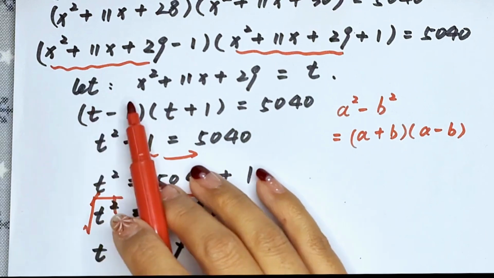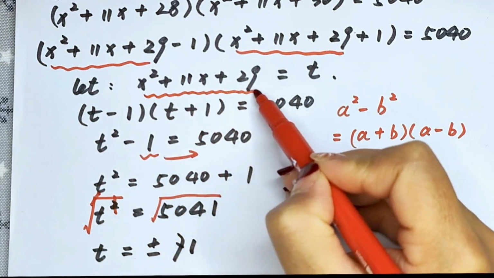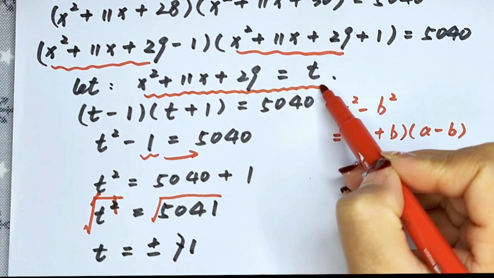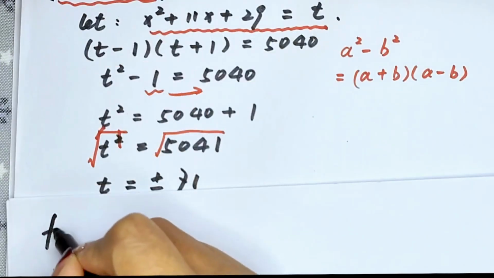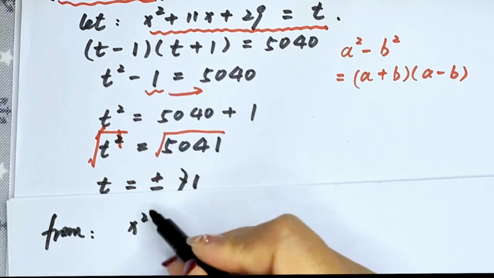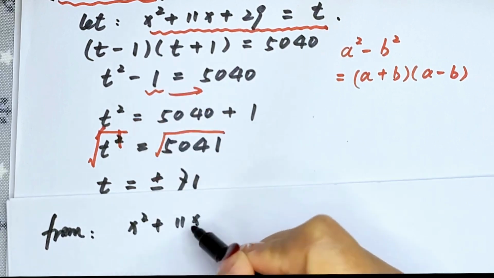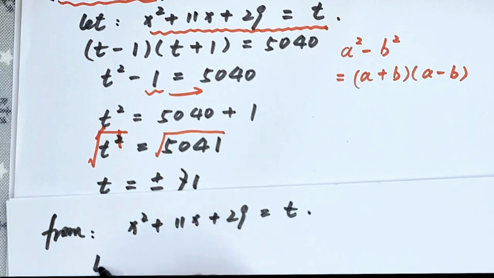We let x squared plus 11x plus 29 equals t, and now t is plus or minus 71.